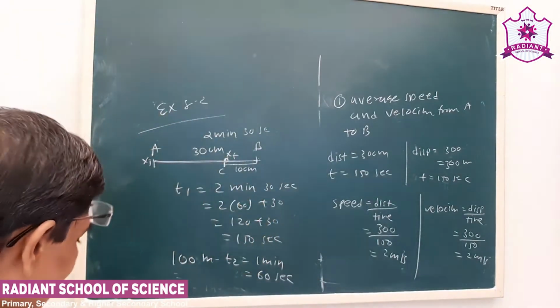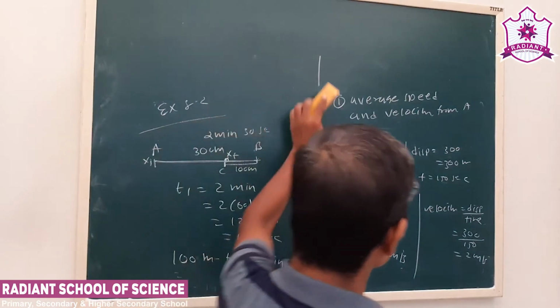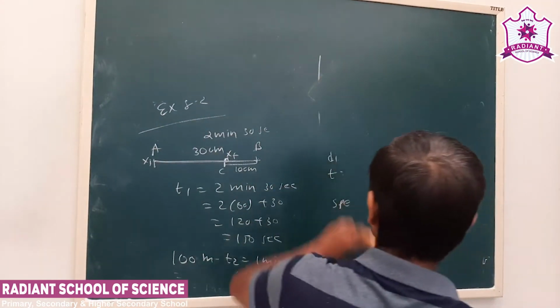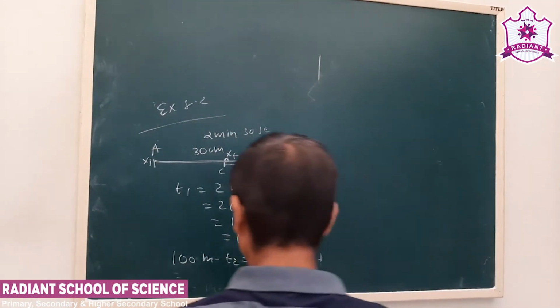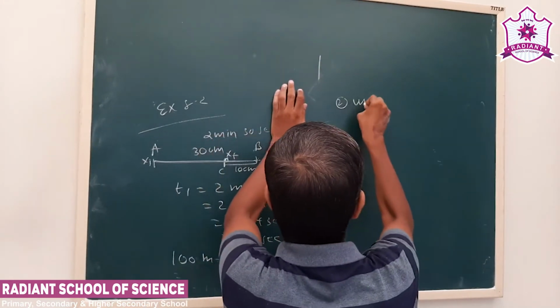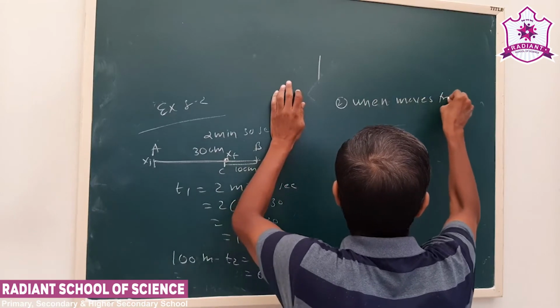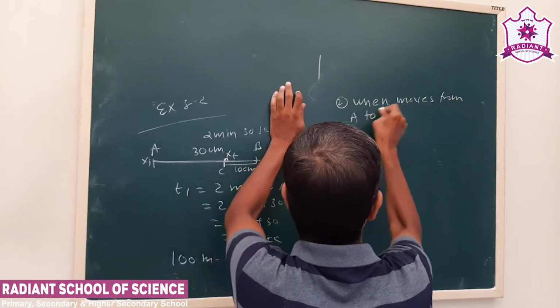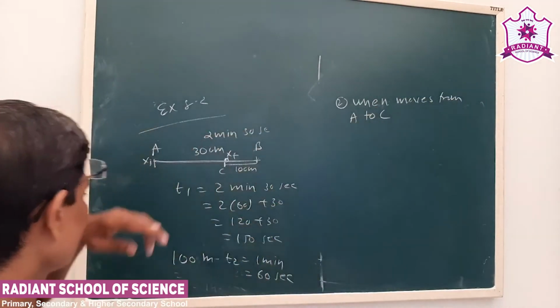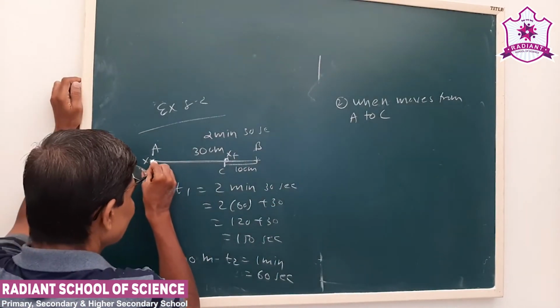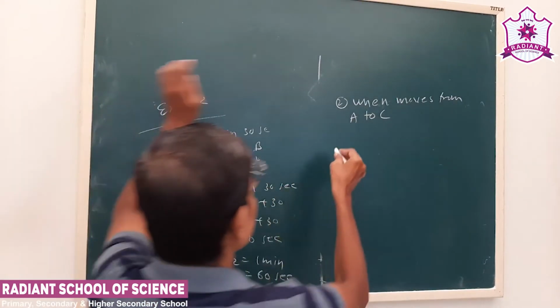Now the second part of the question, when it moves from A to C. See, the path length will be AB plus BC.